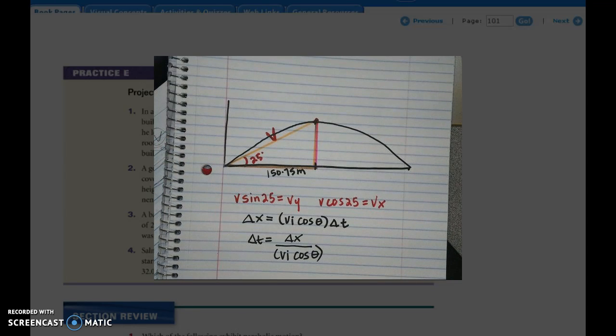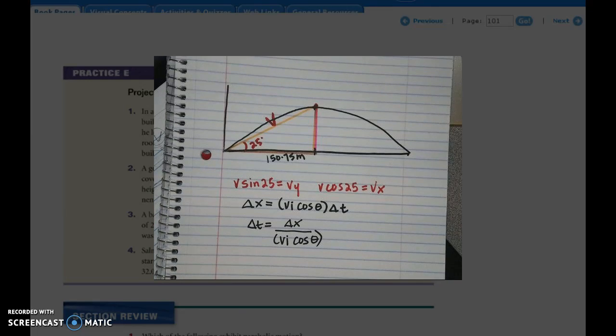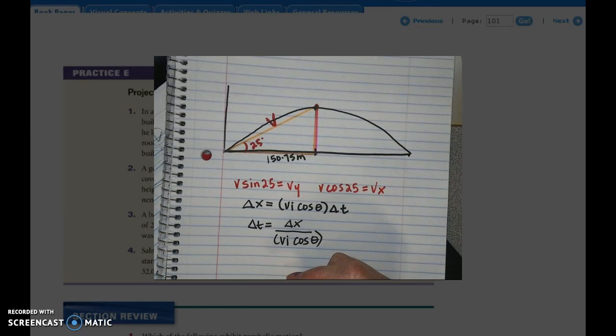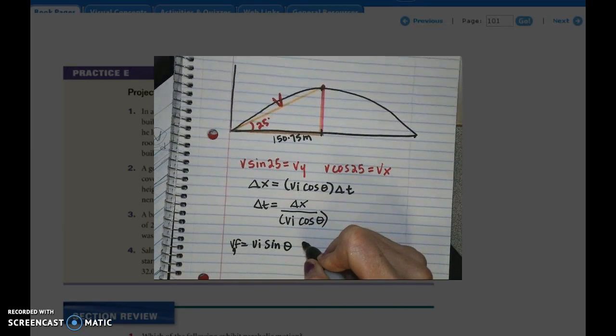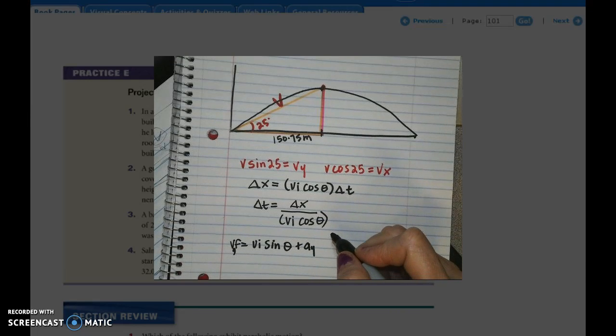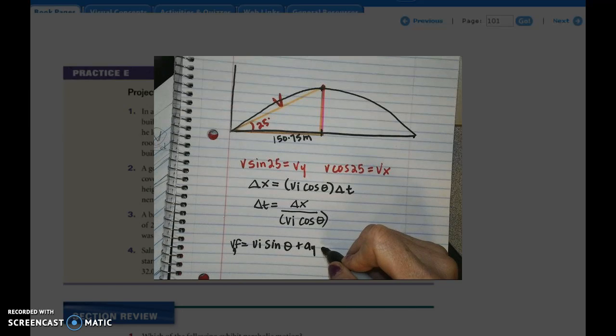Another way to talk about time is using one of my kinematics equations for my y variables. If you look at the third equation listed on page 99, the equation is v sub y final equals v sub i sine theta plus a sub y, which is basically just gravity, right, times delta t.